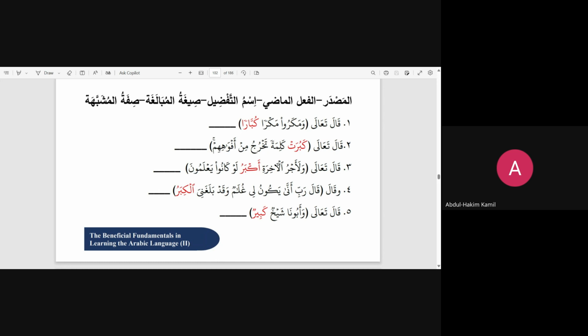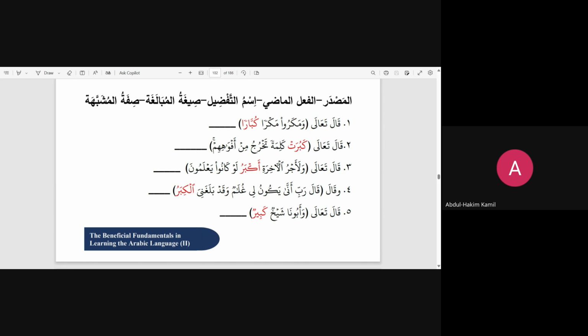قال الله تعالى: وَلَأَجْرُ الْآخِرَةِ أَكْبَرُ لَوْ كَانُوا يَعْلَمُونَ. What's akbar? Ism tafdil. What does this mean? وَلَأَجْرُ الْآخِرَةِ أَكْبَرُ. The reward of the hereafter is greater.